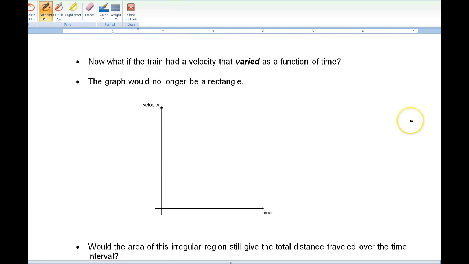So the whole point to this lesson is to consider a graph that's not necessarily constant, that perhaps it varies. So consider that the velocity function looks like that.